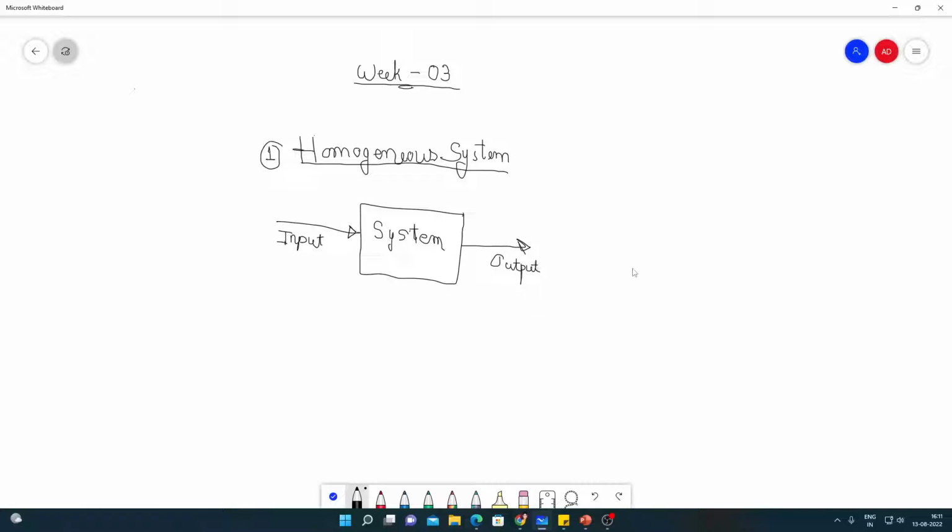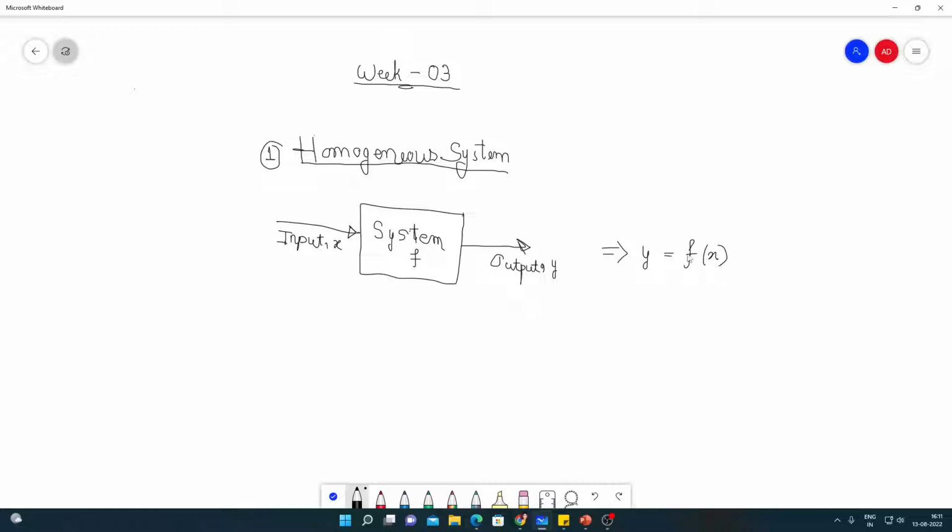Let the input be x, denoted by the variable x, and the output be denoted by some variable y, and we say the system is some f. So this can be represented mathematically as y equals f of x.